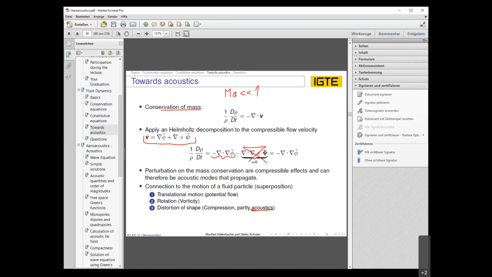So these density variations are acoustic modes that propagate. And you see how these modes are connected to the compressible part of the Helmholtz decomposition, and how all forms together a very interesting theory itself, and has very explanatory character.